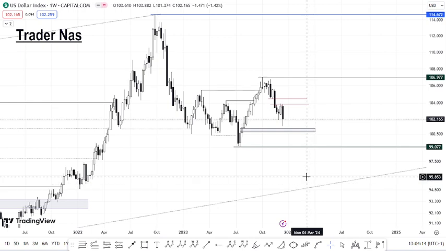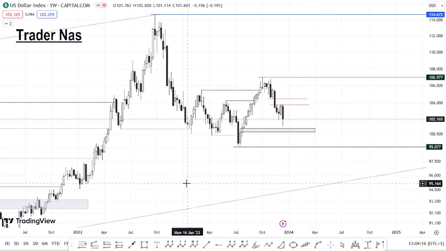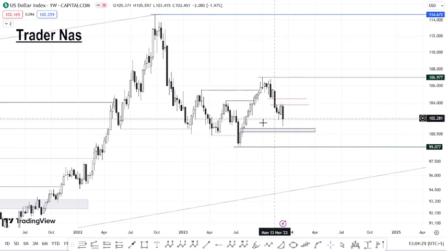So guys, we know that markets tend not to move in one direction, like a boom or drop. They just fluctuate: up, down, up, down, or down, up, down, up. So let's look at the daily time frame where this candlestick bounced here, guys.